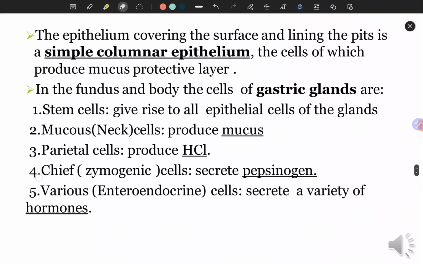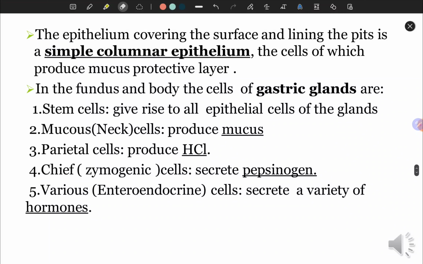This is the surface epithelium of the GI tract. This whole thickness is mucosa, composed of the surface epithelium, which is the simple columnar type of epithelium, the lamina propria, which is the loose areolar connective tissue, and a very thin strip of muscularis mucosa.